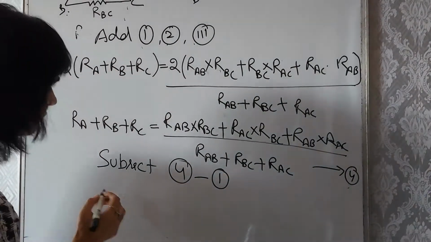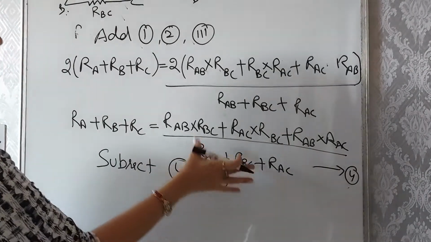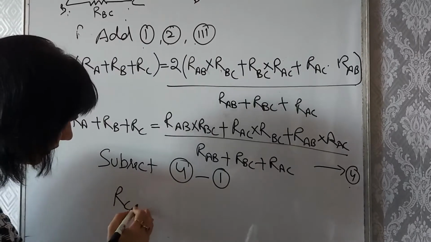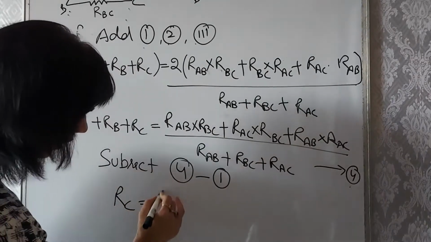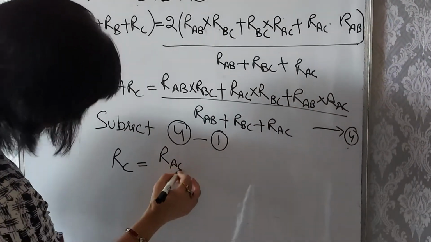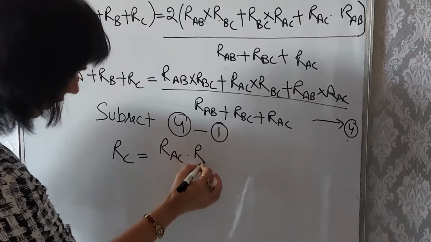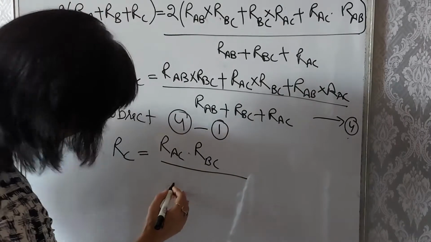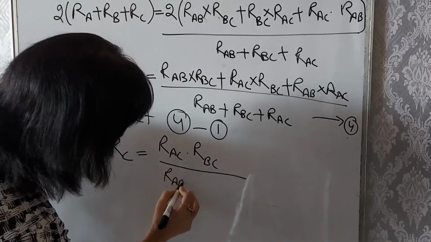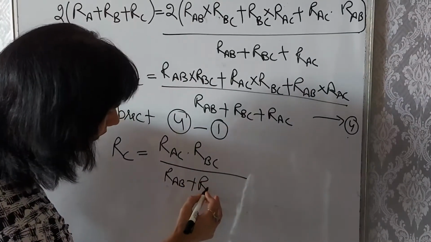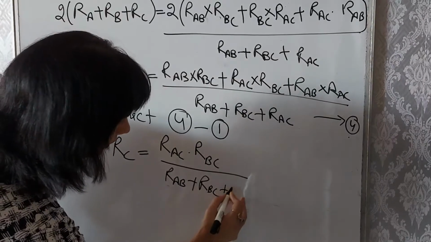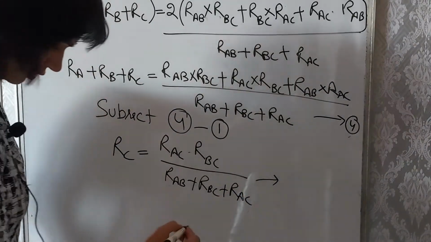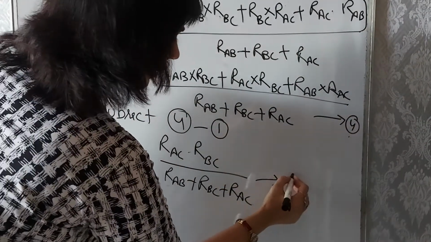It gives us RC is equal to RAC into RBC upon RAB plus RBC plus RAC. This is equation 5.